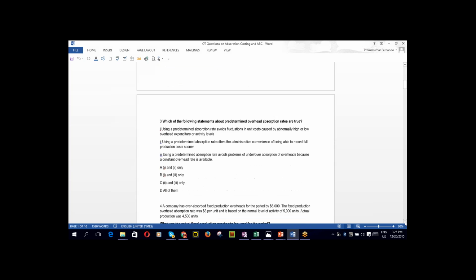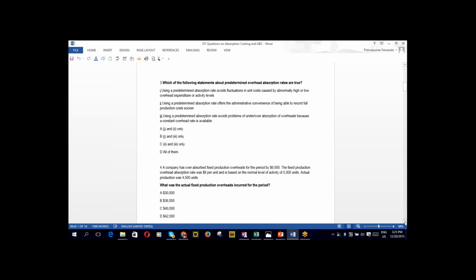Which of the following statements about predetermined overhead absorption rates are true? So we said that generally the overhead absorption rates are predetermined. Number one, using a predetermined absorption rate avoids fluctuation in unit cost caused by abnormally high or low overhead expenditure or activity levels. And that is what I said, that we don't change it every month.